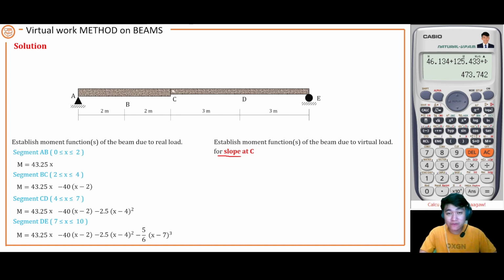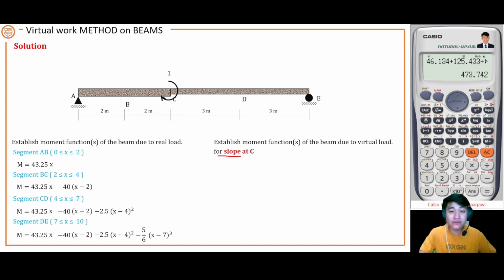If at point C, of course, we apply a virtual unit moment. We will assume that the rotation, the slope here at C, is clockwise. If the answer later is a positive value, then our assumption is correct.